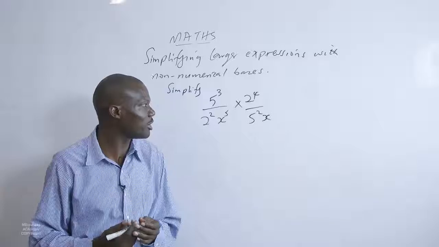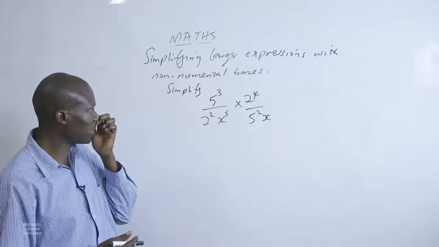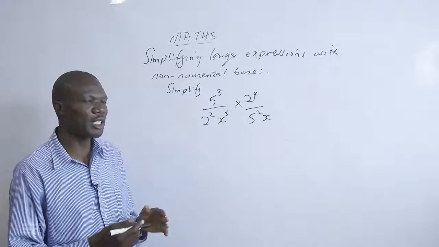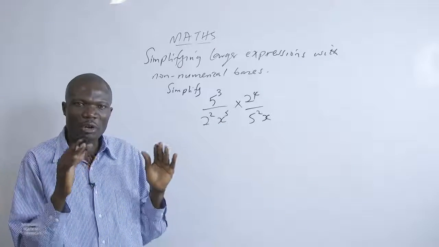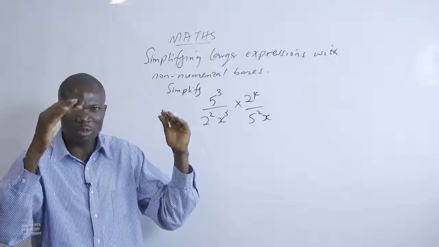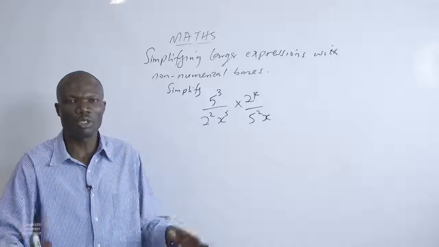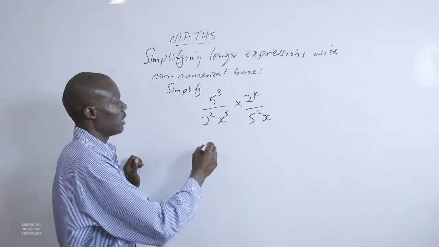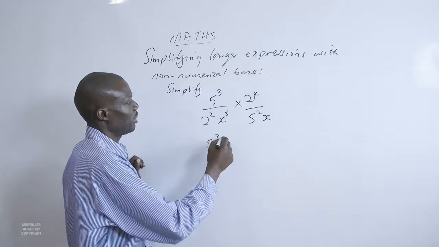So what are we supposed to do in such a case? Because it's multiplication, take note that anywhere we have common factors between the numerator and the denominator, we shall always do what? Cancel.